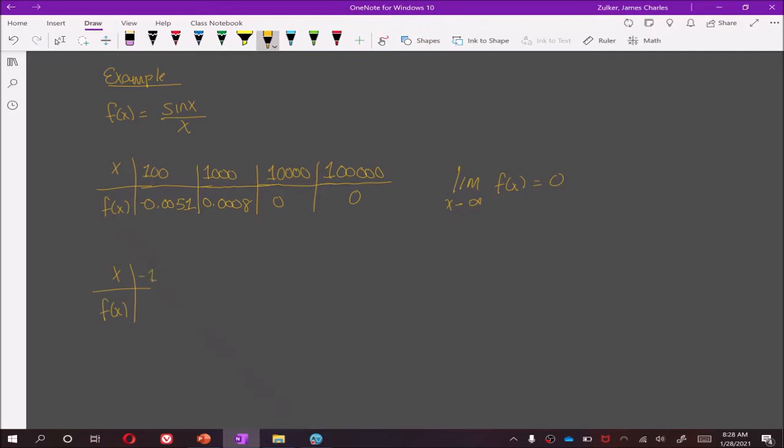If we now do the negatives, using the properties of trig functions, the fact that sine is odd, we don't even need to create a table. All of the values for f are going to be the same as above. That is to say, if x is negative 100, f will still be this value. Negative 1,000 will still be this value. So the limit as x approaches negative infinity of f of x also happens to be 0. It follows the same values.